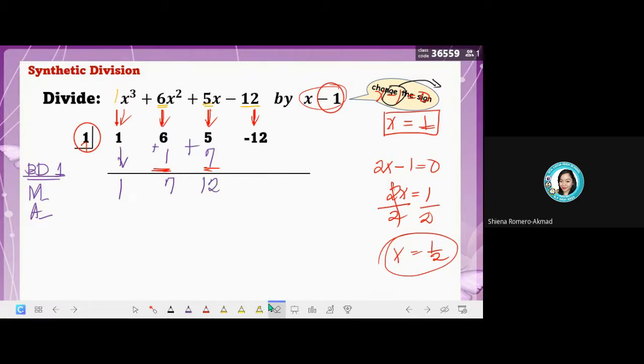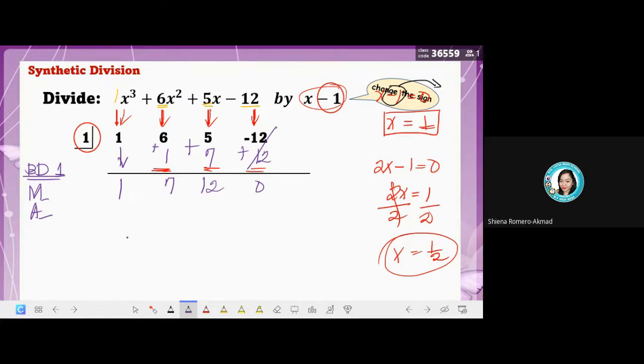Next, multiply ulit ako. Multiply. Then, sulat ko dun. So, pag sinulat ko siya dito, 12 times 1 is 12. Positive 12 plus negative 12. This is 0.